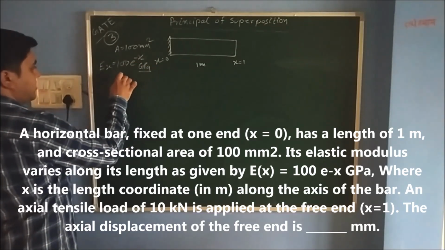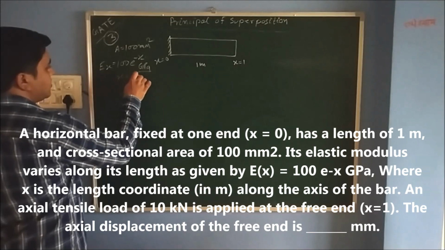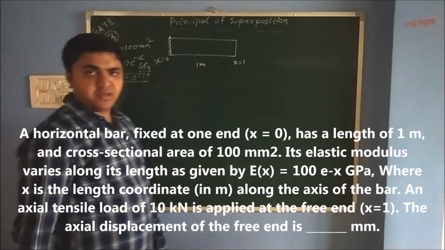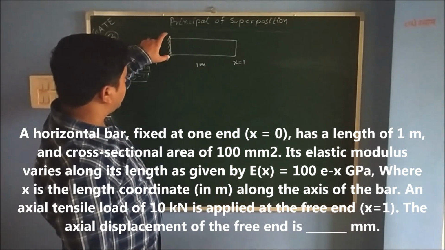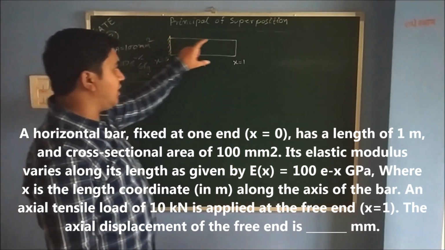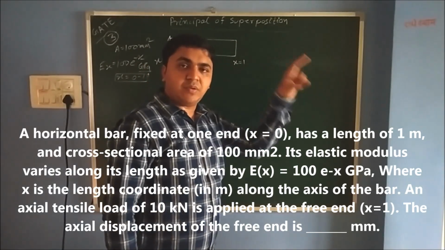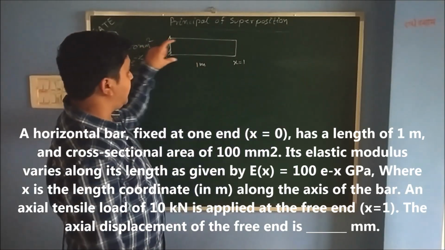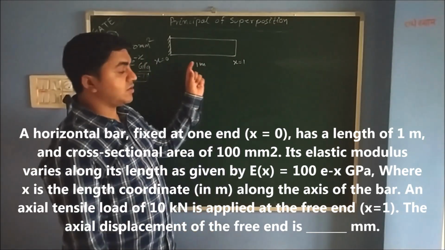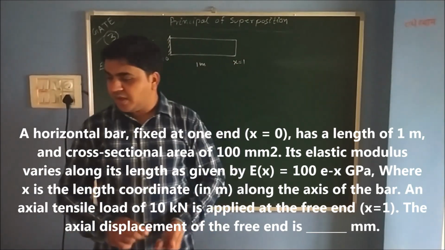And here x goes along 0 to 1 meter, and the value of x is in meter. So here the value will be 100 e raised to power 0, and here the value will be 100 e raised to power minus 1. So in this way your value of Young's modulus is varying. So Young's modulus is not constant here, remember.